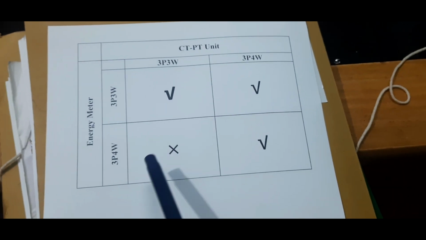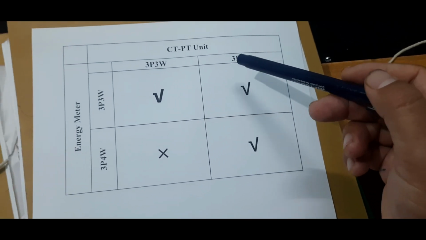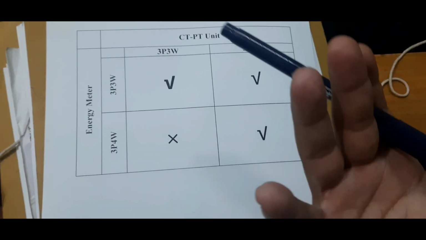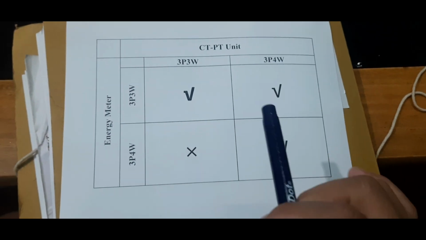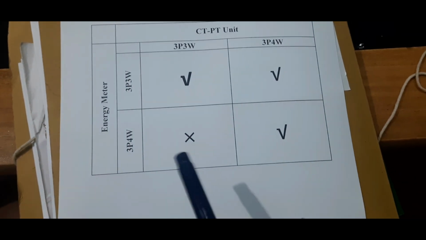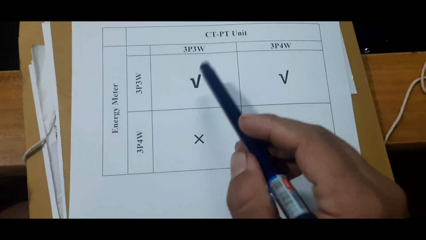All right. And if your CTPT unit is three-phase, four-wire, then you can simply use a three-phase, four-wire meter as normal. That is what this table tells you to choose. The only restriction here is that you have to first choose the CTPT unit.